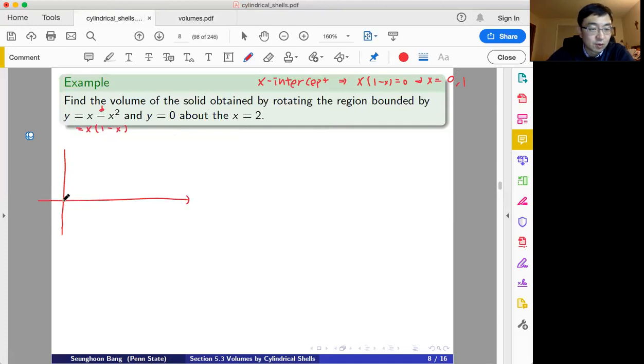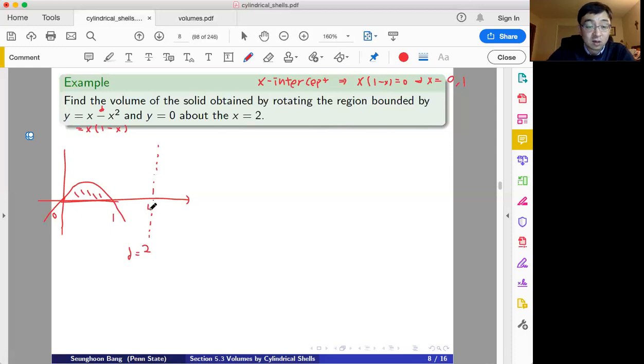We have 0 and 1, so y equals 0 is here. We have this region. You have to rotate this region about y equals 2. This is 2.